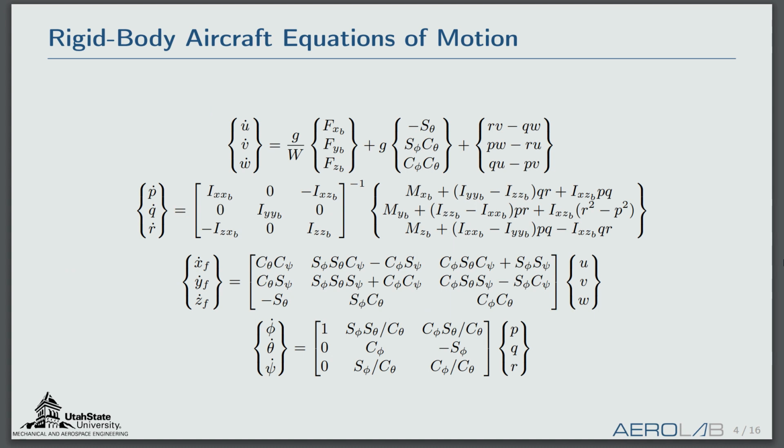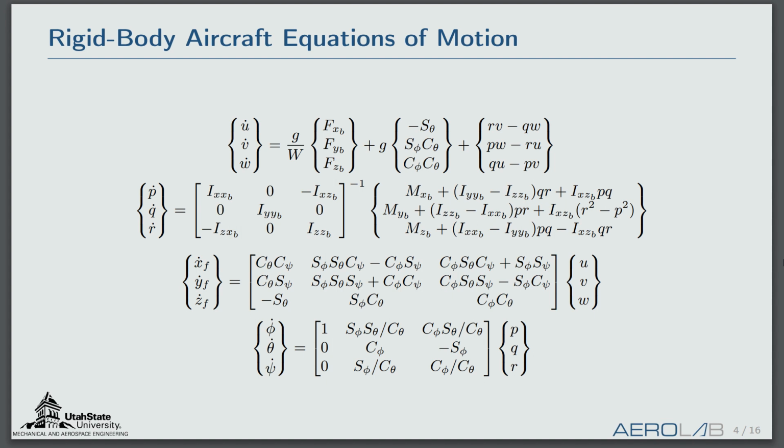At the top we've got a change in our body fixed velocity. The second set of three equations, we have a change in our body fixed rotation rate. The third set of equations, we have a change in our earth fixed velocity. And the last set of equations is a change in our earth fixed orientation. Excuse me, that third set of equations is a change in our earth fixed position.